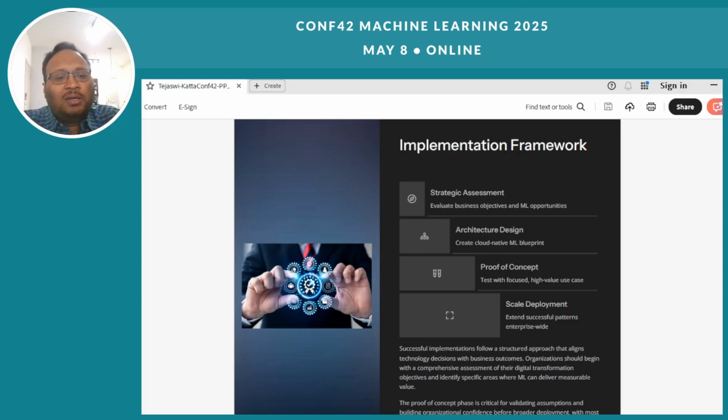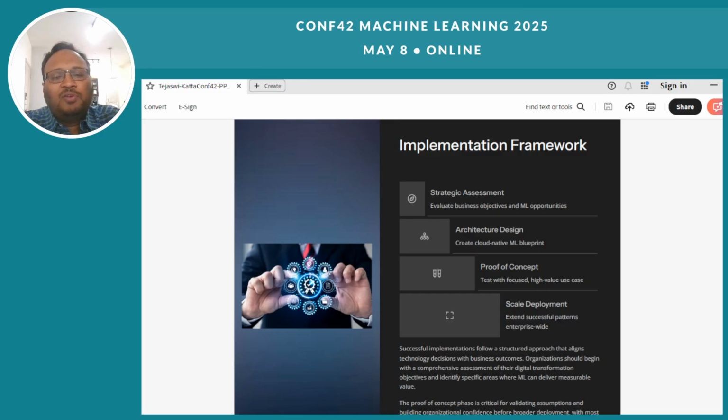Next, design your cloud native ML architecture, defining microservices, data pipelines, and governance. Then run a focused POC, or proof of concept, to validate assumptions and demonstrate clear ROI, return on investment. Finally, scale successful patterns enterprise-wide, building the organizational confidence and operational rigor you need for long-term success.